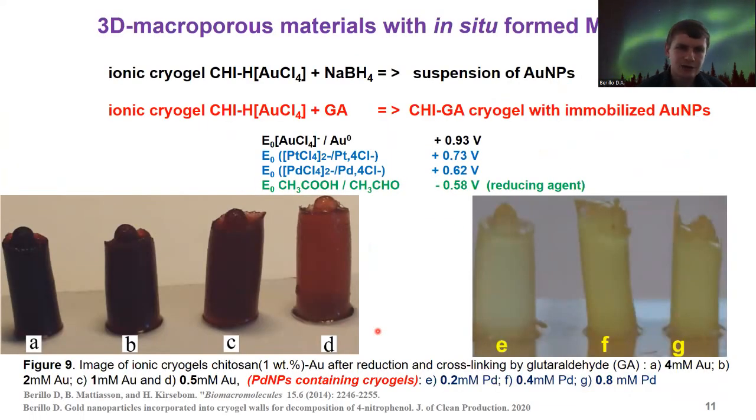The obtained ionic cryogels can be converted to gold nanoparticle suspension using a strong reducing agent such as sodium borohydride. But if we want to stabilize the system and have a three-dimensional polymeric network with incorporated gold or other noble metal particles inside of the structure, then we can cross-link the system using glutaraldehyde or another cross-linking agent, which will cross-link the polymer, and also it acts as a reducing agent due to difference in redox potential.